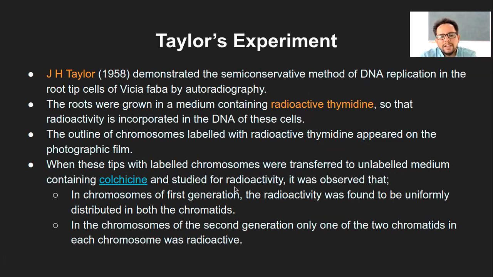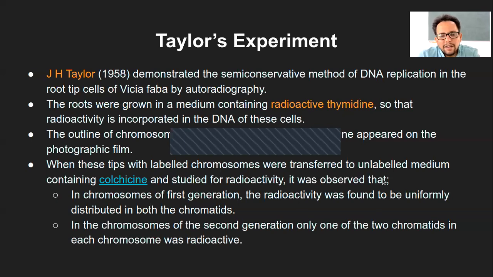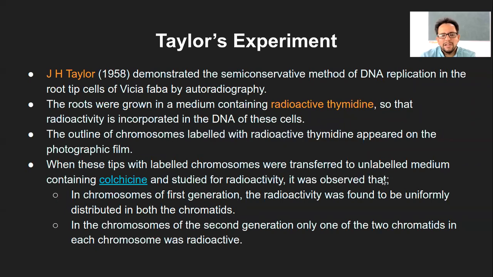Now colchicine is specifically used to arrest the cell at a particular cell cycle stage. So that means whatever cell cycle stage those cells will be at, they will be arrested in that particular phase. Mostly colchicine is used as what we call a metaphase blocker.